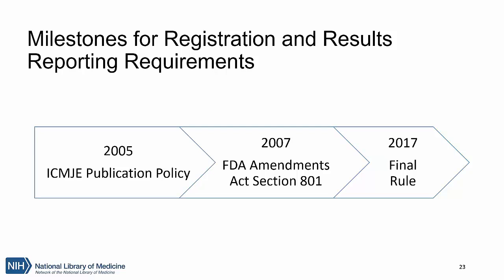And then in 2017, the Department of Health and Human Services issued what is known as the final rule for clinical trials registration and results information submission. This further clarified and explained what needs to be submitted under FDAAA 801.